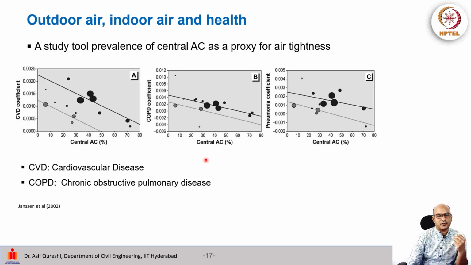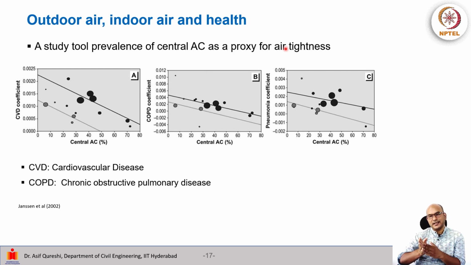So then there was some study done in which the prevalence of central AC was taken as a proxy for air tightness, because in this study and the study locations, it was considered that if central AC is provided, the building had made sure that the building is more airtight.